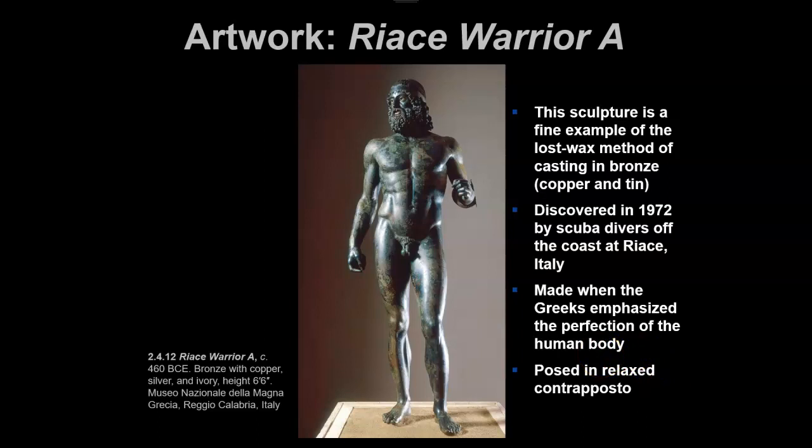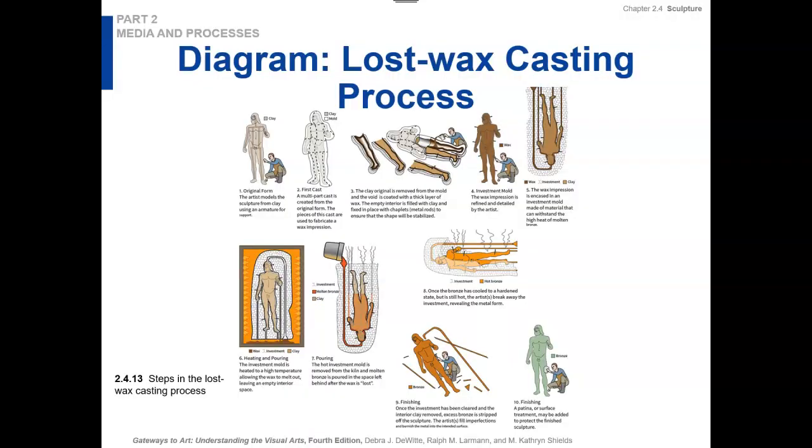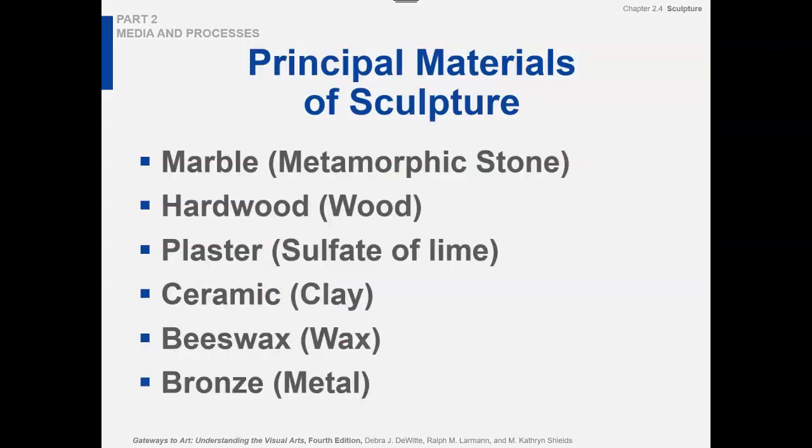The wax is melted out, and then they pour in the bronze. In this diagram, you can see the steps of how they would build this, right? And there is a video in this week's module so that you can see this process in action.